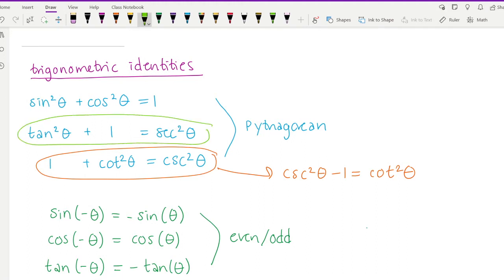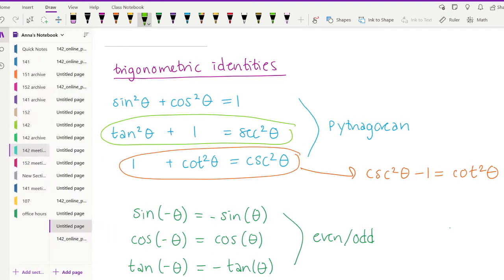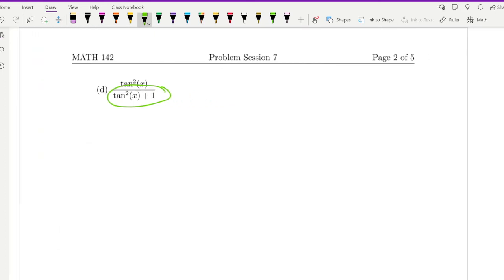Tangent squared of theta plus 1 is equal to secant squared of theta. And so that means that we can rewrite the denominator as secant squared of theta. So we can rewrite this as tangent squared of x over secant squared of x.